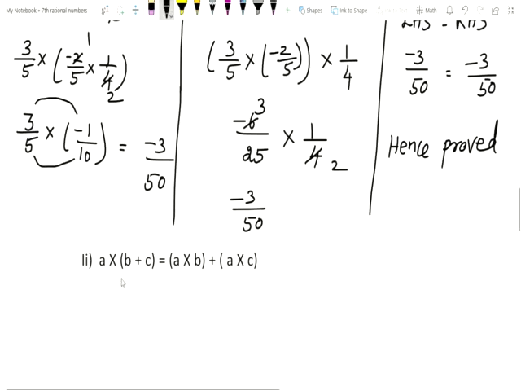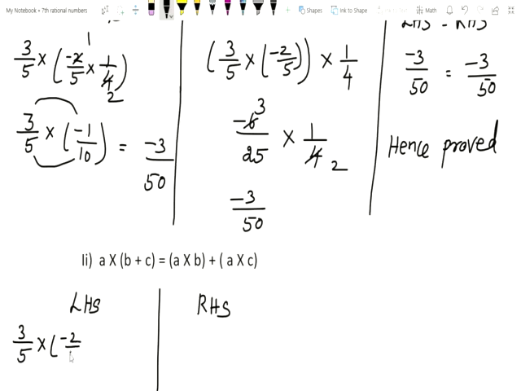Second one, A into B plus C equal to A into B plus A into C. So LHS, RHS. Here A value 3 by 5 into B value minus 2 by 5 plus 1 by 4.